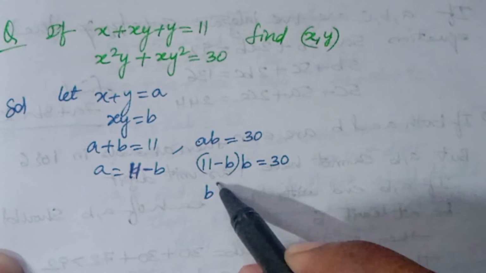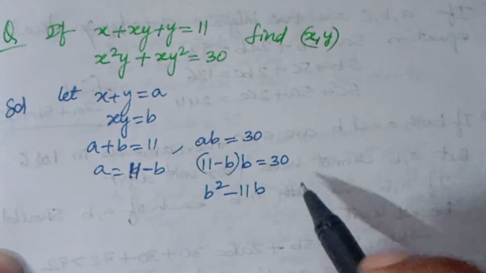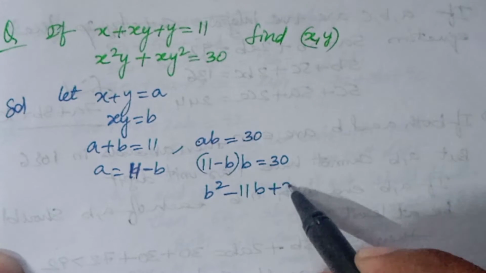So here what will we get? b squared minus 11b plus 30 equal to 0.